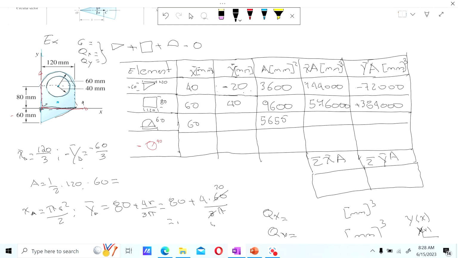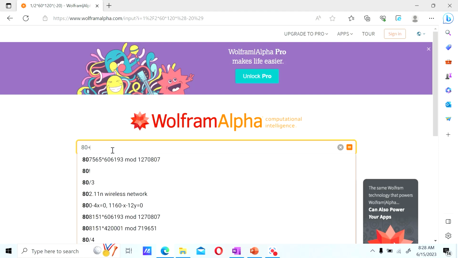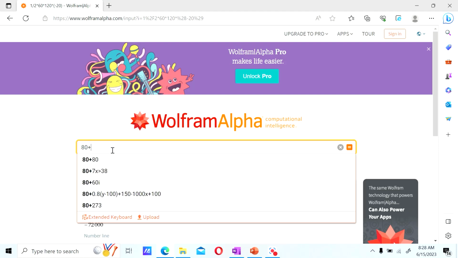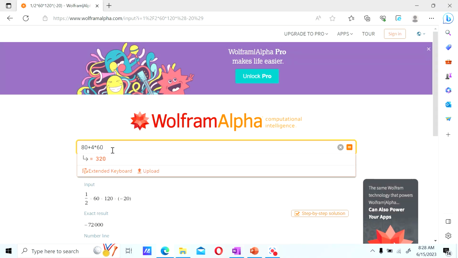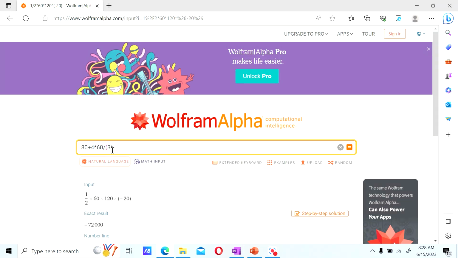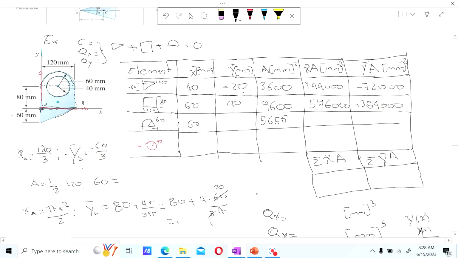But let's put the whole number down. So let's do 80 plus, and the y direction for the centroid of that element is 4 times the radius, and the radius is 60, divided, parentheses, 3 times pi. Okay, that's 105.46, and it's positive. 105.5.